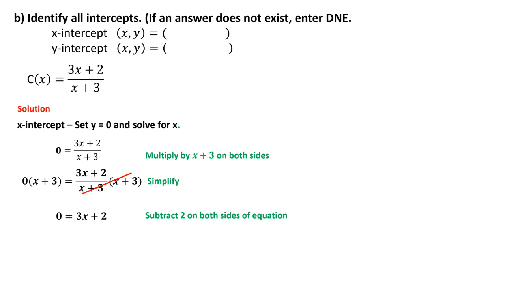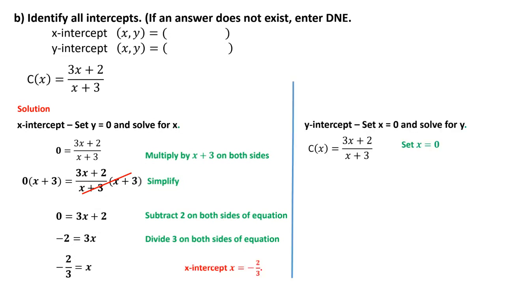Let's subtract 2 on both sides, and then divide by 3 on both sides. So we see that x is equal to -2/3. So our x-intercept is at -2/3. And keep in mind that this will also be our equation of our vertical asymptote, because it's our restriction on our domain, right?